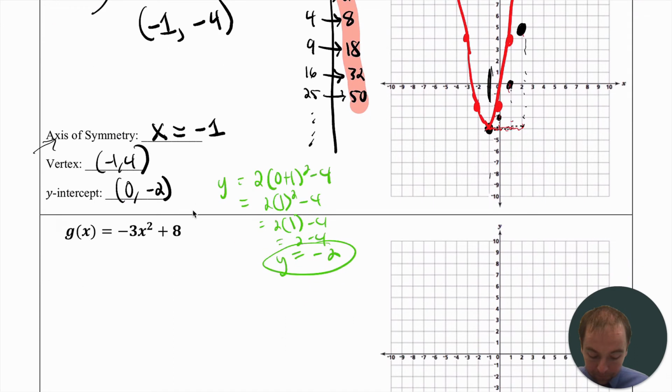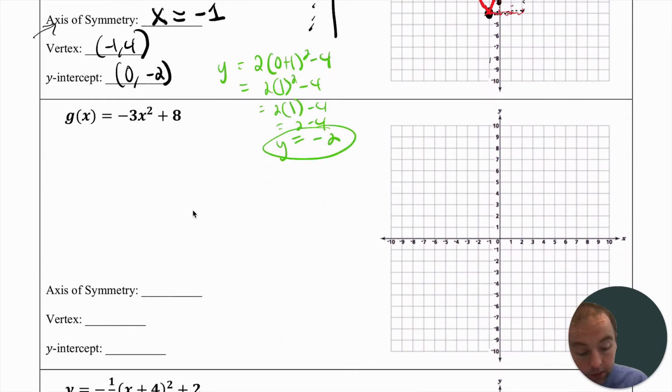And then with this next example right here, this is also in vertex form. You don't see parentheses, but you can think of this equation as really being -3, and then just treat it as (x minus 0) squared, because x minus 0 simplifies to x, so it's still just x squared, and then plus 8.